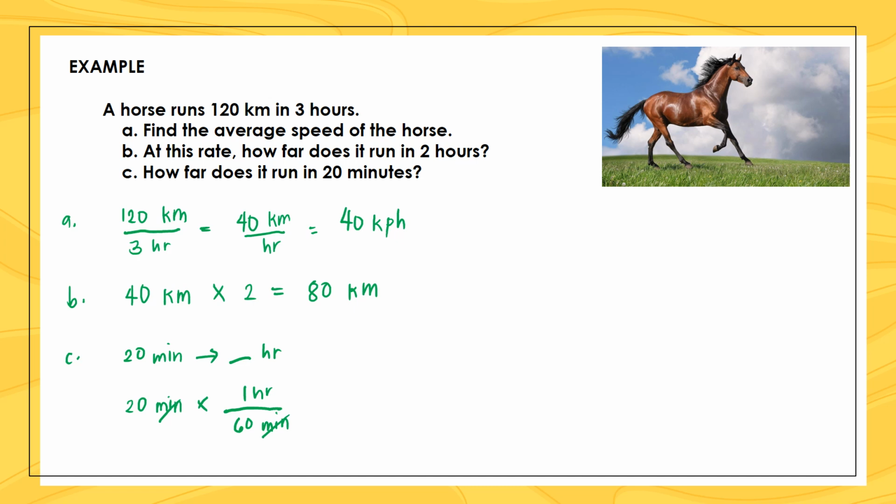And there you have it, 20 times 1 over 60. That will be 1/3, right? What will be the unit? Hours. Okay, so 1/3 hour. 20 minutes is equal to 1/3 hour.